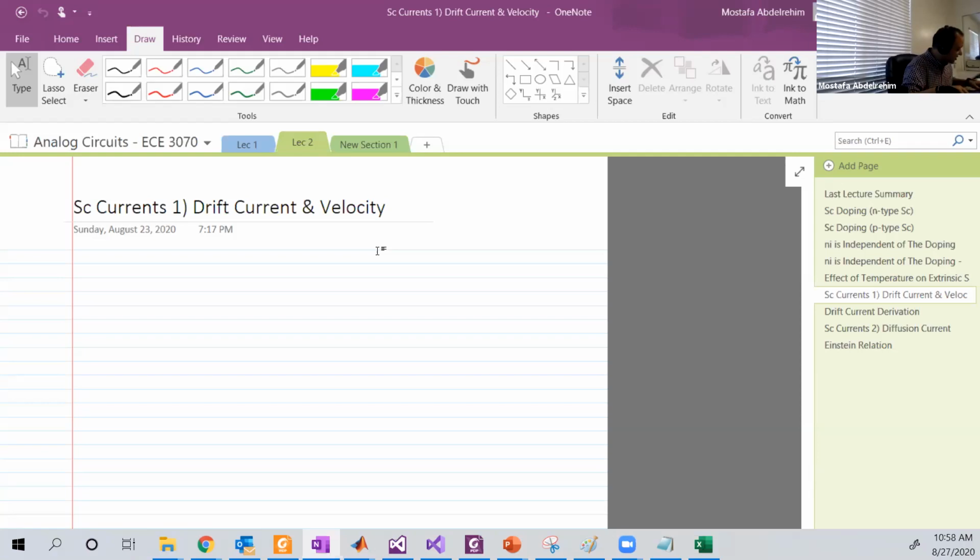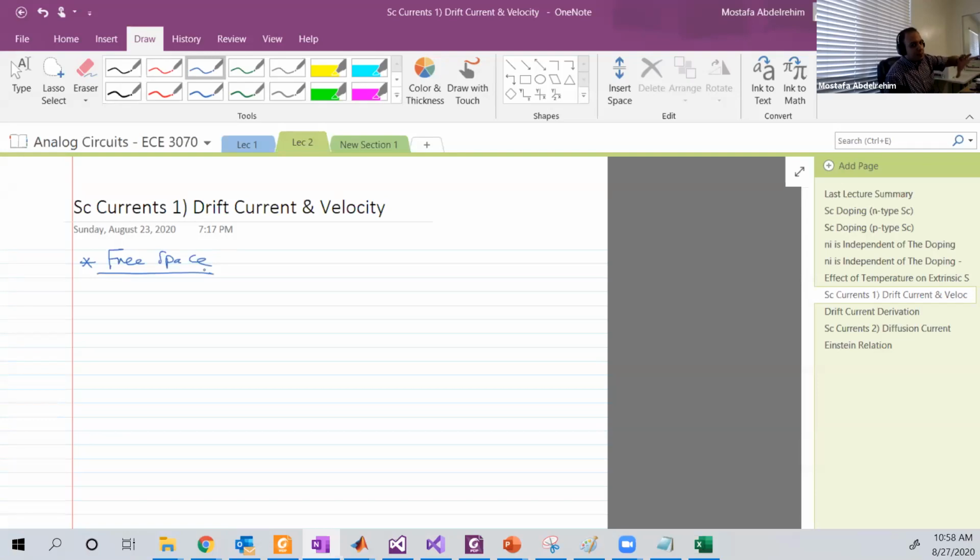And basically what's happening, so let's go to the ideal world. Let's change to free space. This is not the semiconductor yet.